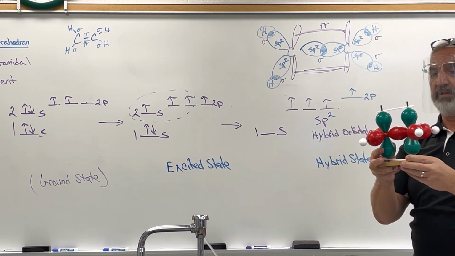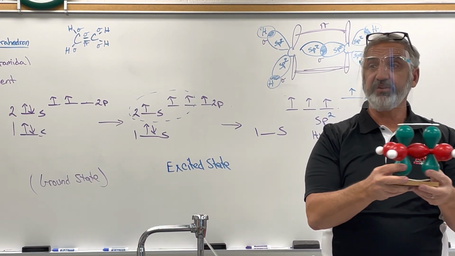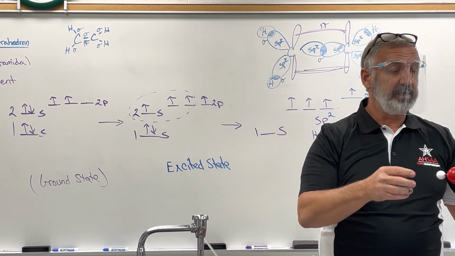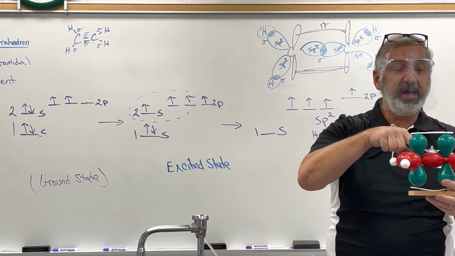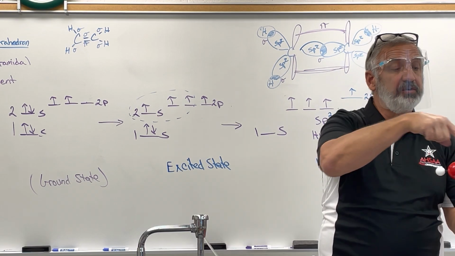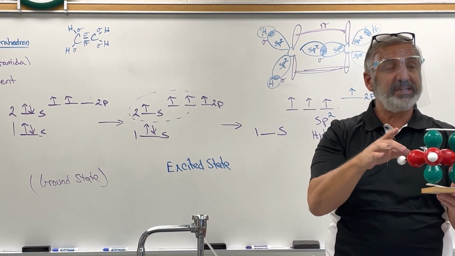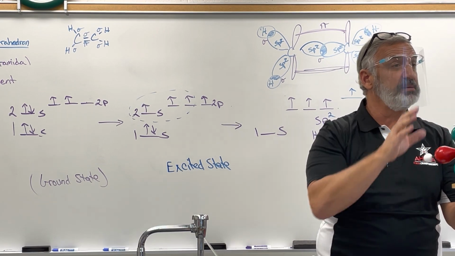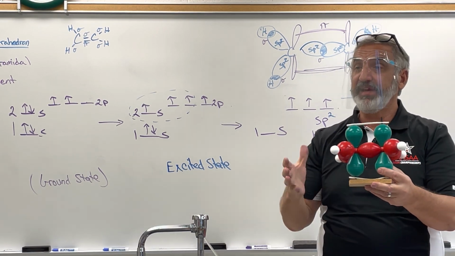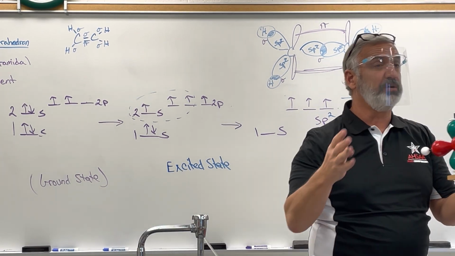Okay, that's the start. So what we have, this is the exact same thing as I just tried to draw, but now you can see it in 3 dimensions. Okay? Each of the red are your hybrid orbitals. So each carbon has 3 hybrid orbitals. They're going to arrange themselves 120 degrees apart in a flat triangle. That's the way 3 things that hate each other can get the maximum distance apart. The valence shell electron pair repulsion theory. The electron pairs are going to repel one another.